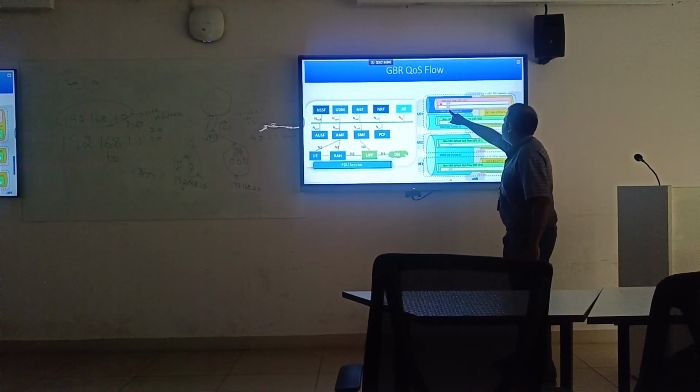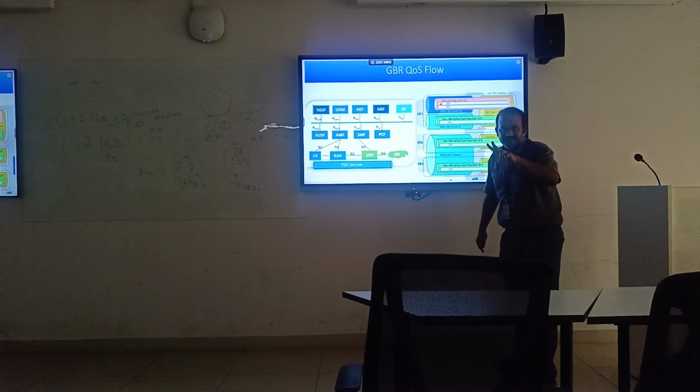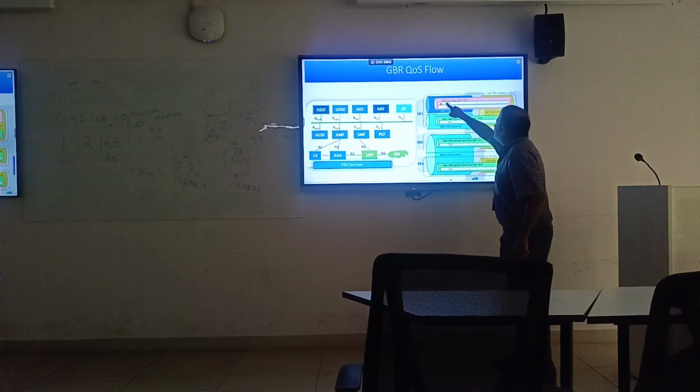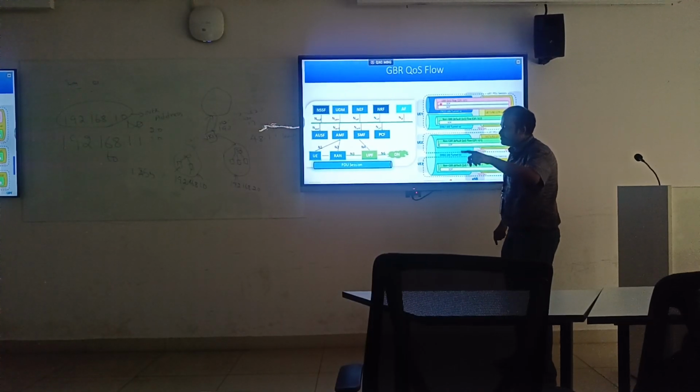GTP. And now, you can see this SDF and this SDF, you can create two QoS flows. Why? Same guaranteed. This comes under GBR QoS flow. So that QoS flow 1 and 2 I can create within a single data bearer.